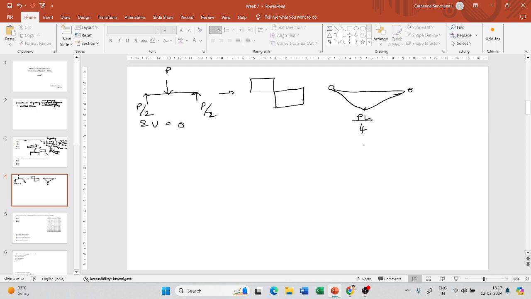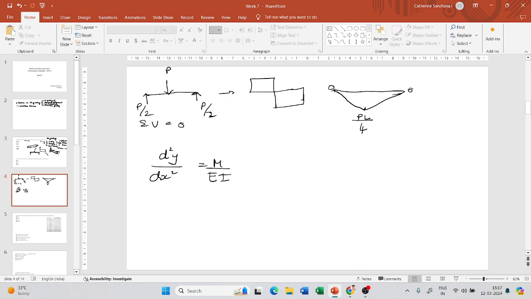So that is how you will get the maximum bending moment. Now, if you want to know the deflection of the beam, okay, from the deflection equation for the beam, you know that this is the equation.